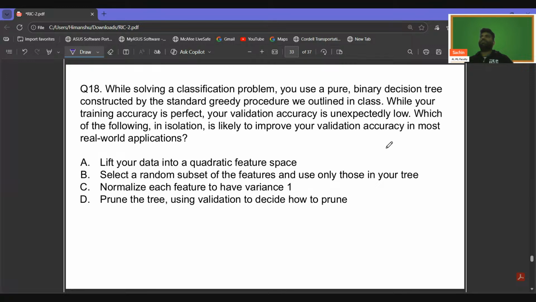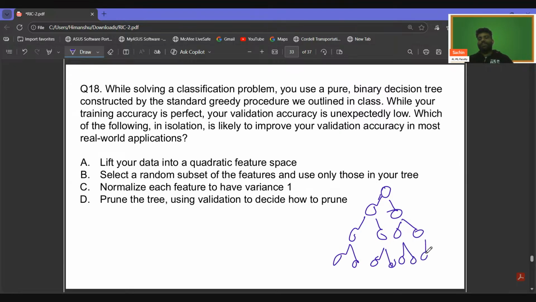How to prune? We need to decide it using the validation. Pruning would help me decide how long I can go for each node. For example, we had a splitting like this, and I'm talking about the binary decision tree only, as stated. If something was leading to trouble after going down from here, we would prune it and keep the tree until this point.